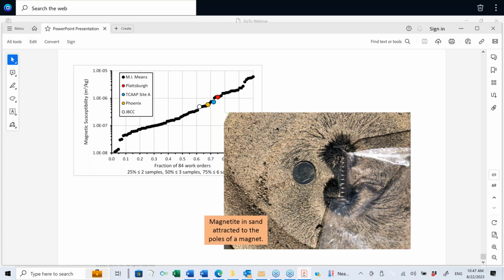A number of materials look like white sand, but if you put a magnet next to it, you pull out the magnetite. So that's one thing you can do. Of course, that's just a pretty picture, but that could be used to justify a decision to send a sample off to Microbial Insights for analysis of magnetic susceptibility.